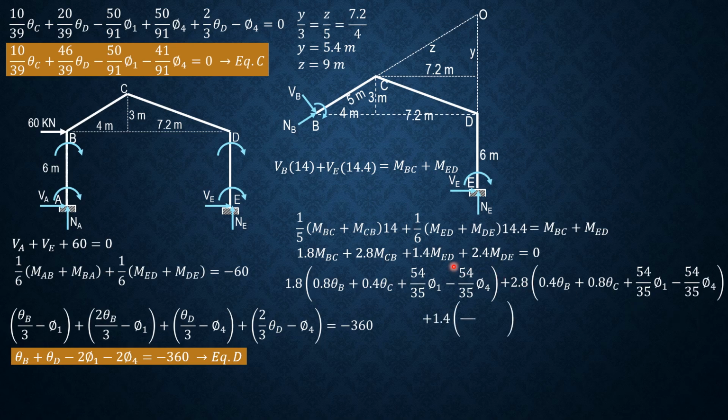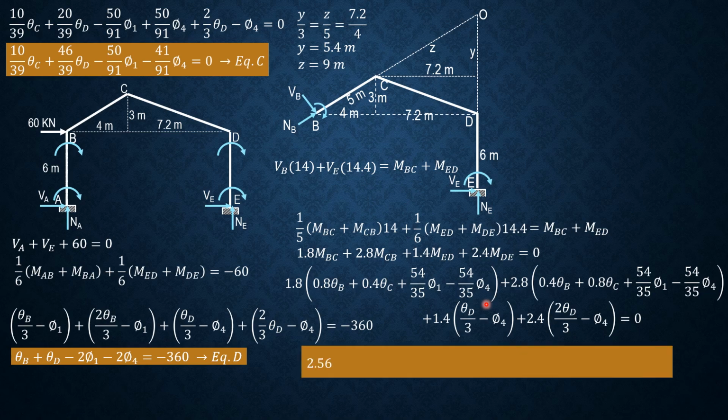Then plus 1.4 of MED, which is theta D over 3 minus P4. Then plus 2.4 of quantity 2/3 theta D minus P sub 4 equals 0. Combining like terms and setting up equation E: 2.56 theta B plus 2.96 theta C plus 31 over 15 theta D plus 1242 over 175 P1 minus 1907 over 175 P sub 4 equals 0.